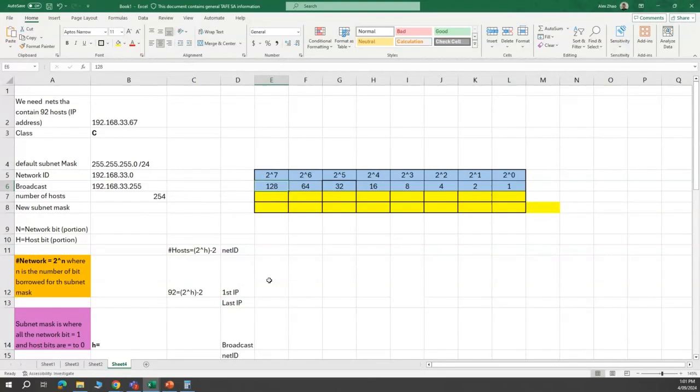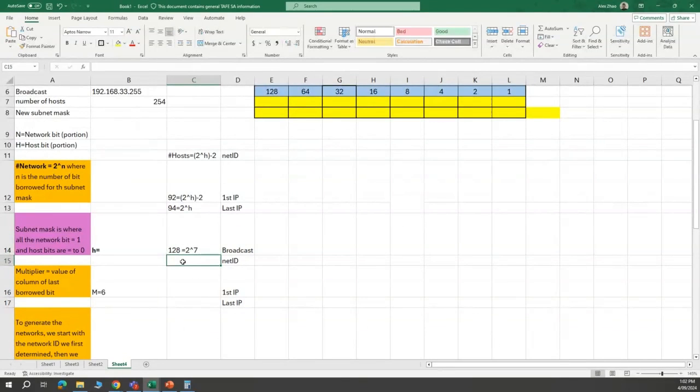So 128 is a good number because 64 is not enough. So 94, if we simplify that equation a little bit, equals 2 to the power of h. And we know 128 equals 2 to the power of 7. So h equals 7.